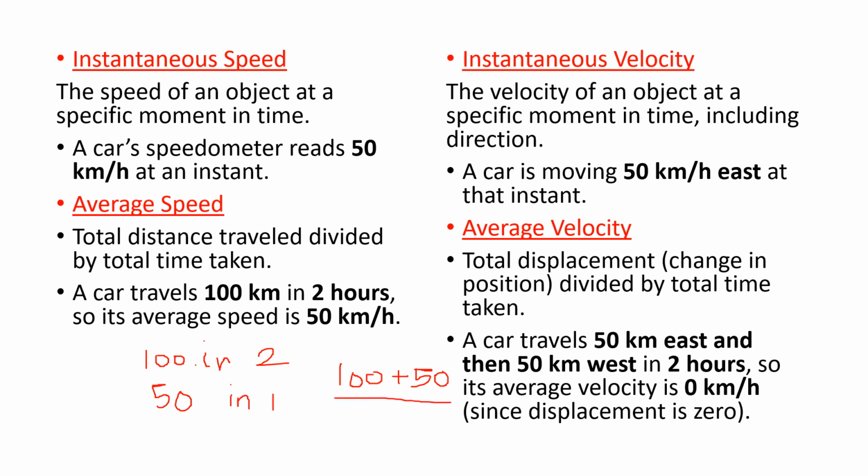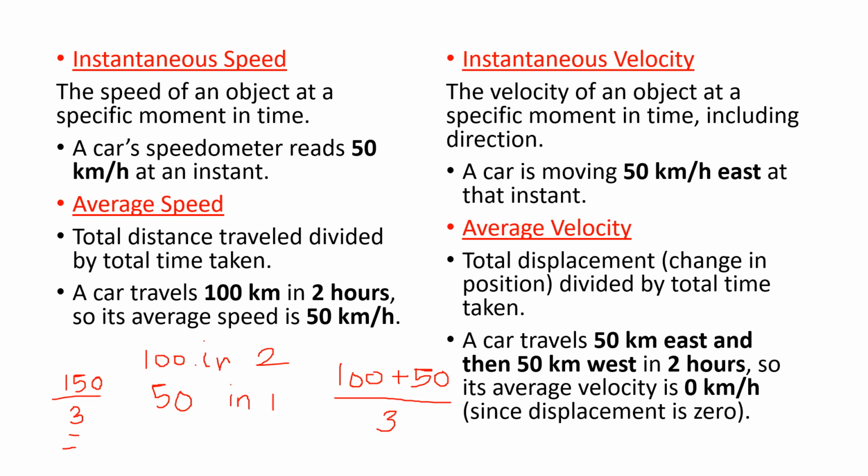What is the total time? 2 plus 1, that is 3. So here, 150 divided by 3. What is 150 divided by 3? That is 50 kilometers per hour.